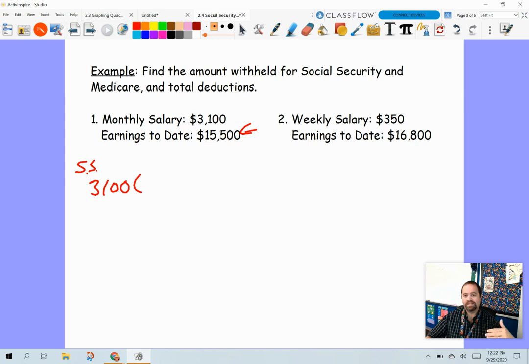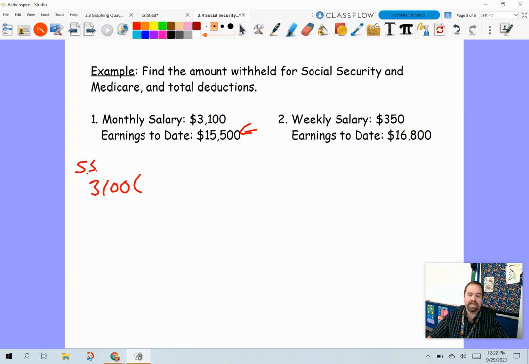It's going to wind up being the same dollar amount. If we were doing one of these for someone's annual salary, we calculate their tax, and then it asks for the weekly Social Security, you just need to divide it by 52. That adjustment's pretty straightforward.